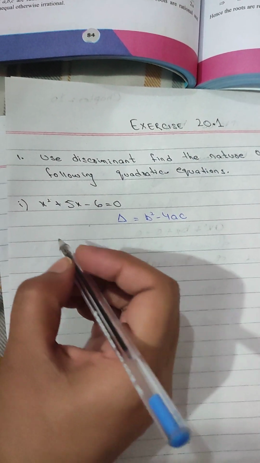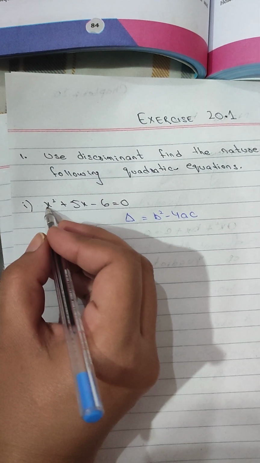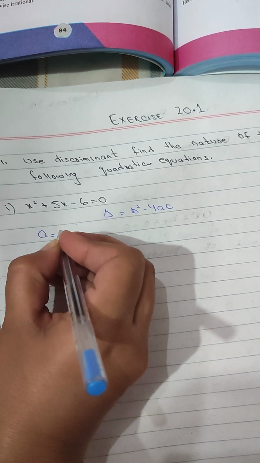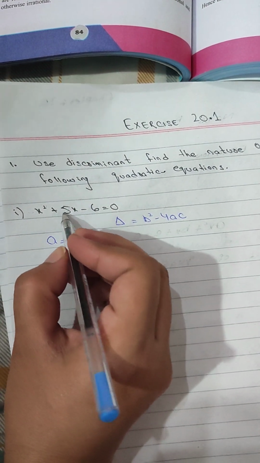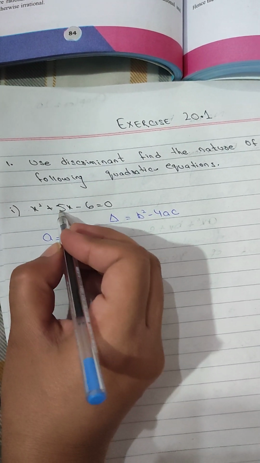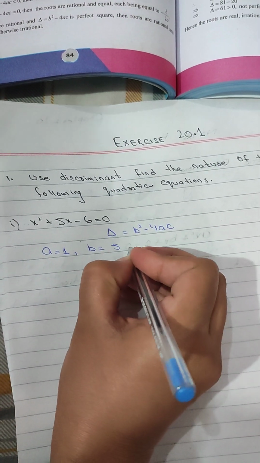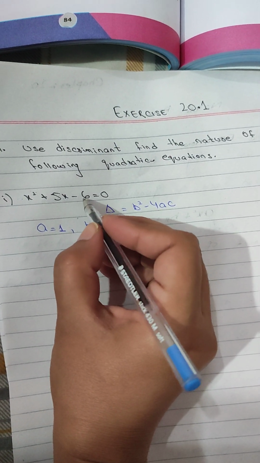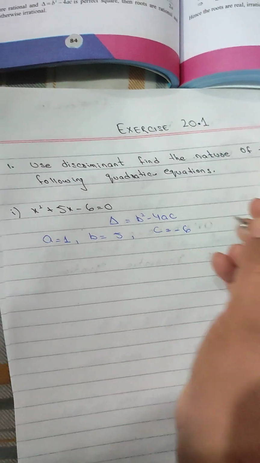So the coefficient of x square is 1. If there is no coefficient, it means the coefficient is 1. So here a is equal to 1. B is the coefficient of x, so you can see 5 is written with x, so b is equal to 5, and the last digit is the constant, which is c. C is equal to minus 6.